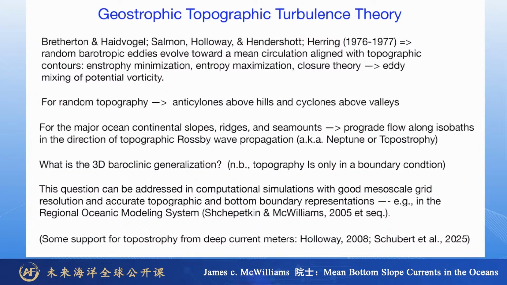Entropy minimization associated with the 2-dimensional turbulence cascade of vorticity squared, that is, entropy towards small scales and dissipation. Entropy maximization, that is, what is the most probable state for a given kinetic energy in a domain, or turbulence closure theory.